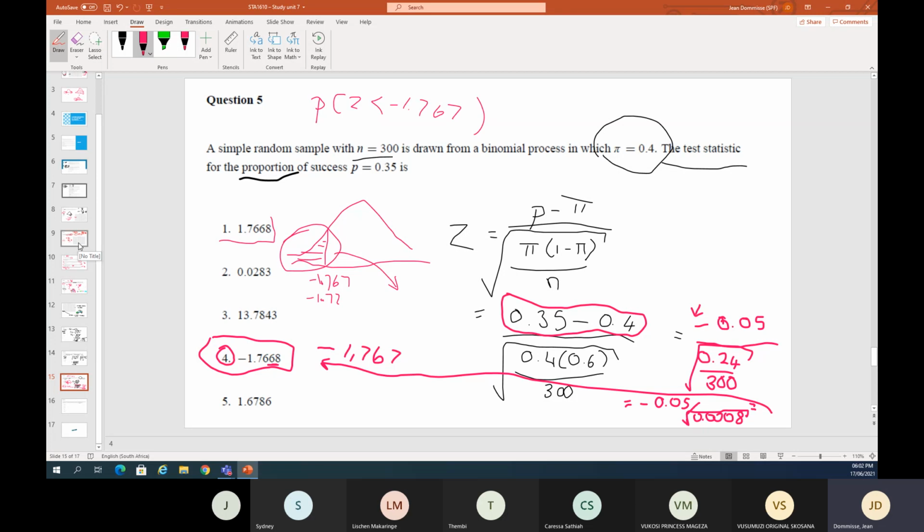So it doesn't matter whether we look at proportion or mean, we go to the Z table, and we use it as we normally would have done for the mean as well. Okay, questions on this one before we go into the last question, or a bit better understanding at the moment on study unit 7?